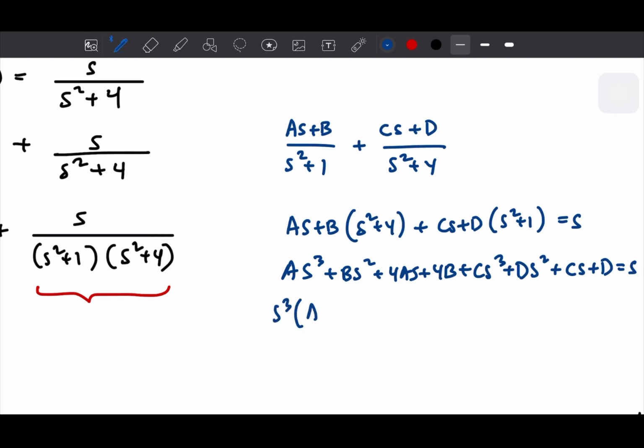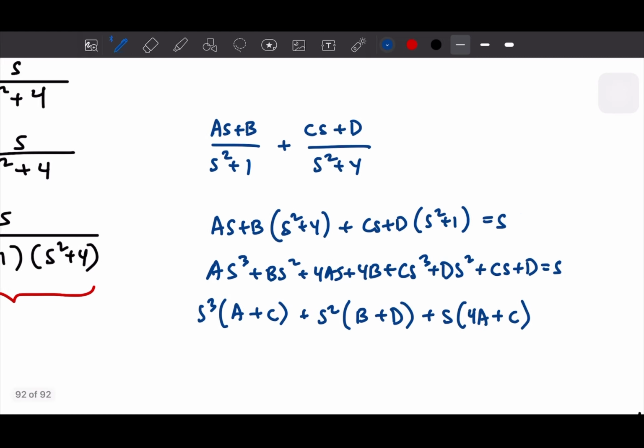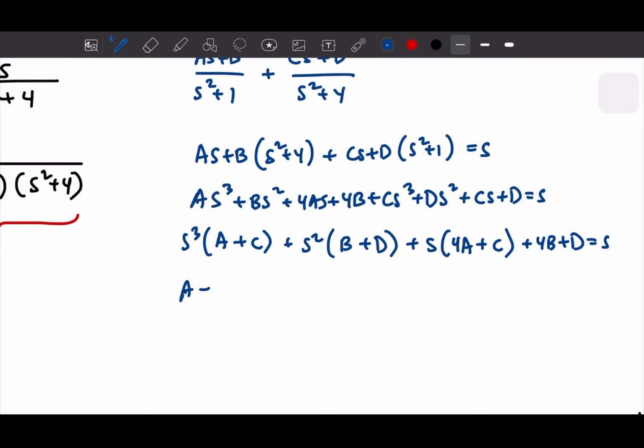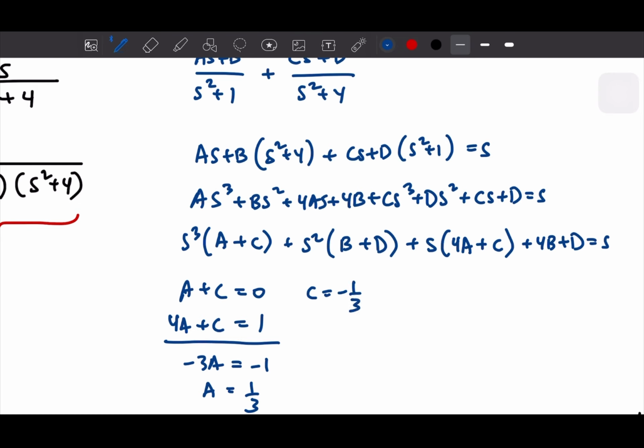So s cubed a plus c, plus s squared b plus d, plus 4a plus c s, plus 4b plus d equals s, okay? So a plus c is 0, 4a plus c is 1, so a will be 1 over 3, and c will be minus 1 over 3, and b plus d is 0, and 4b plus d also 0.